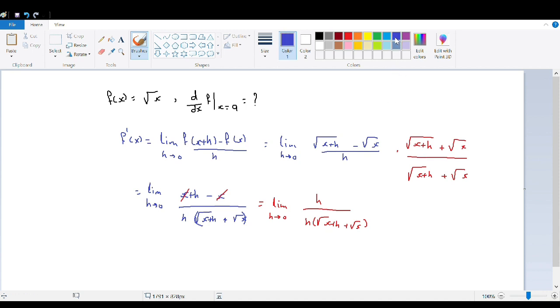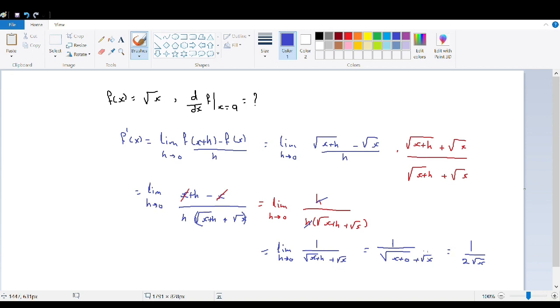Now we cancel h with h, so the result is the limit of 1 over root of x plus h plus root of x, as h approaches 0. Replacing h by 0, we get 1 over root of x plus 0 plus root of x, which gives us 1 over 2 root of x.